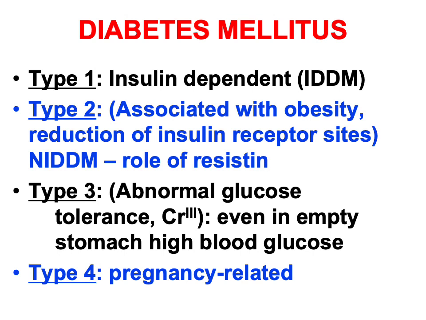In some cases, with the application of organic chromium compounds, they can improve the glucose tolerance factor supply in type 3 diabetes. And type 4 diabetes is related to pregnancy and gestation.